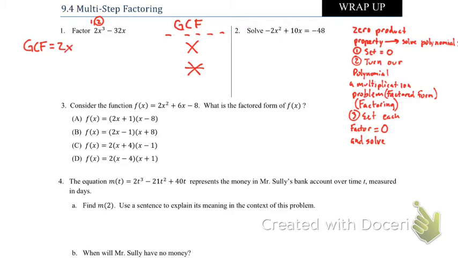Once you have your GCF, we are then going to do the GCF process. I'm going to divide these guys by my GCF. All right, and now I'm going to divide. 2 divided by 2 is really just 1. Okay, you can put the 1 in if you like. You don't have to.